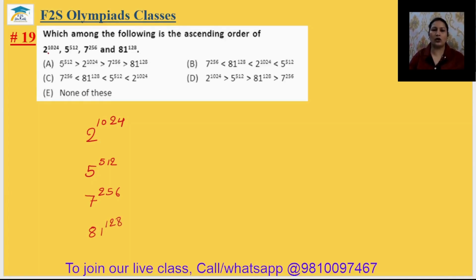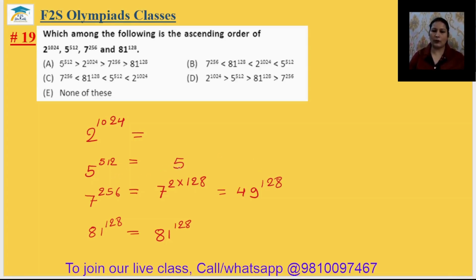We can write all the exponents as a product with 1/8. 81 is already to the power 1/8 form, so we don't change it. 81 to the power 1/8. Here it will be 7 to the power 2 multiplied by 1/8. We can write it as 49 to the power 1/8. Okay?